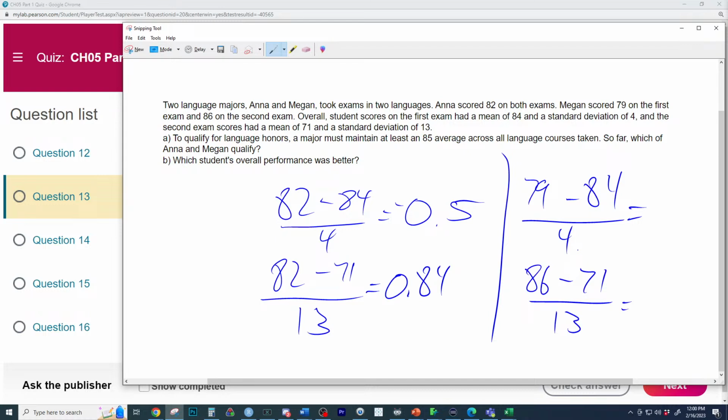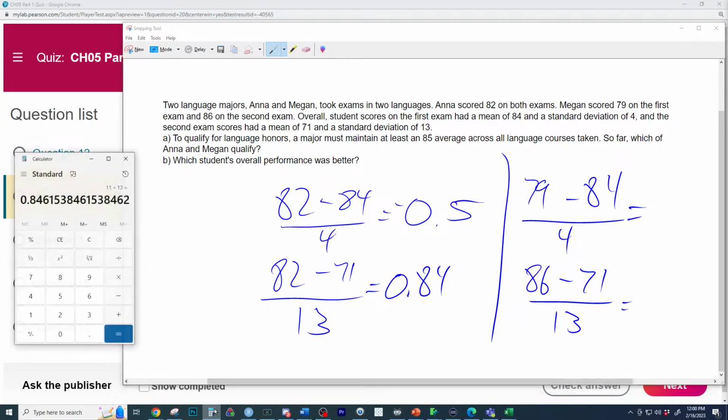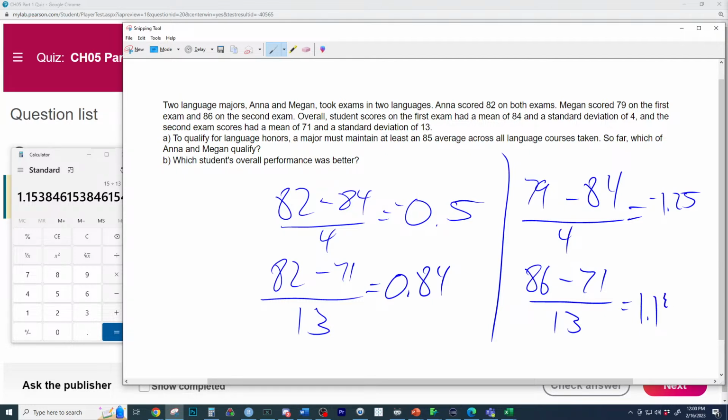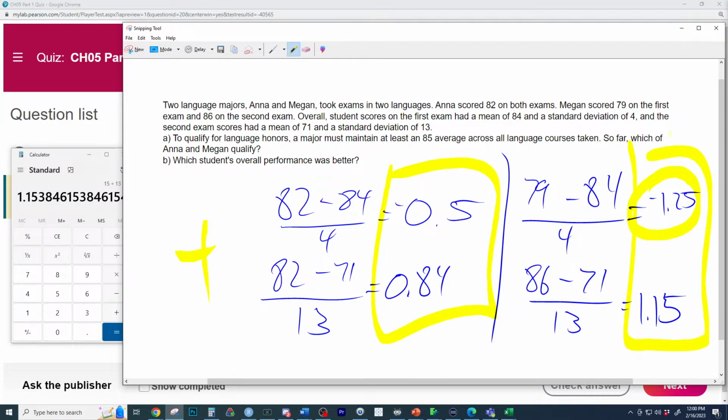Oh, she's going to do worse because she's way more below on the first, I think. So 79 minus 84. And yeah, I think so. It's close. If you look over here, she has more of a negative. And then if you add those, that would be a positive number. If you add both of these, that would be a negative number because the negative's higher.